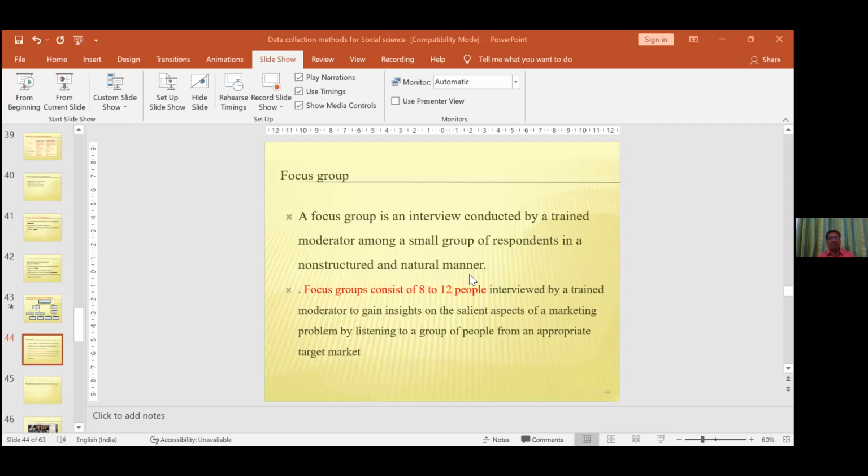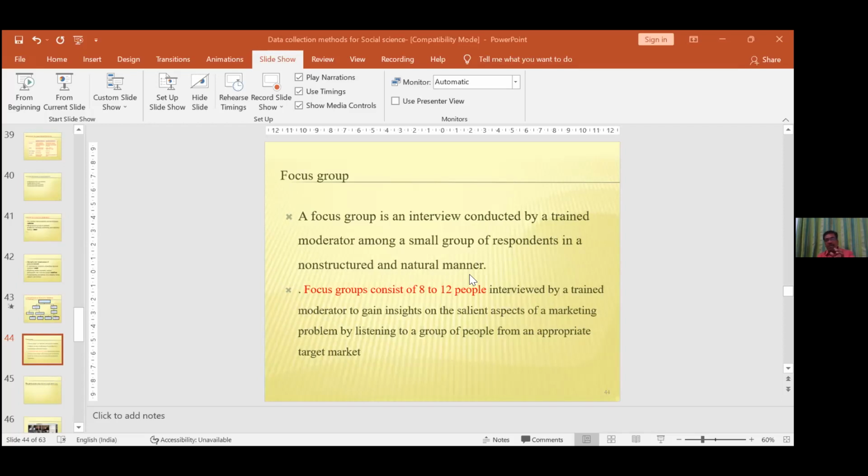Normally, a focus group consists of 8 to 12 people interviewed by a trained moderator to gain insight on the salient aspects of a marketing problem by listening to a group of people from the appropriate target market. Focus group means the researcher will constitute a group.